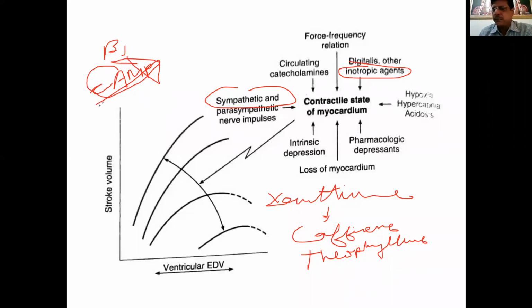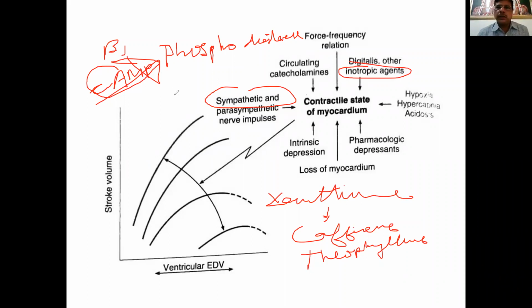Starts with P. Phosphodiesterase. Yes, there is one enzyme called phosphodiesterase. This enzyme will break down cyclic AMP, and the whole action of norepinephrine on the heart is going to be stopped.